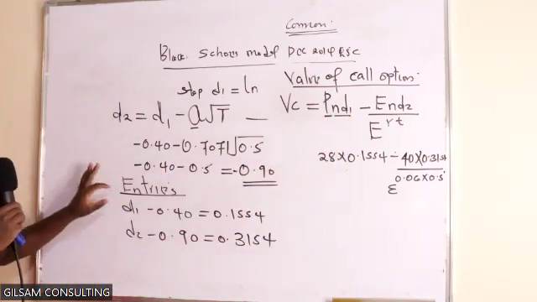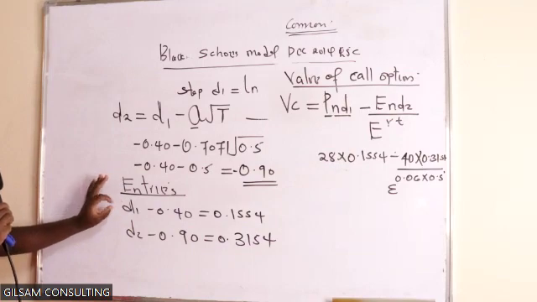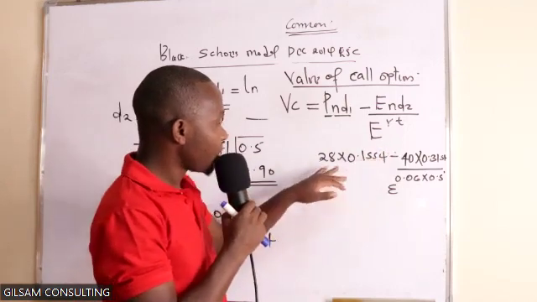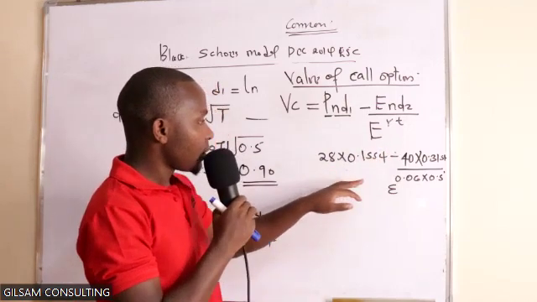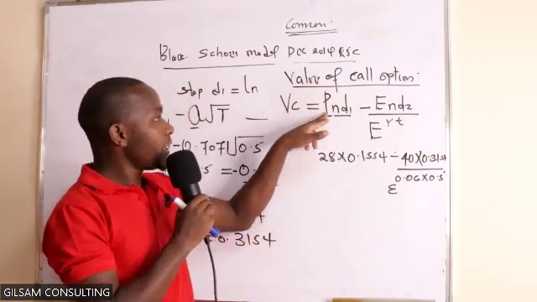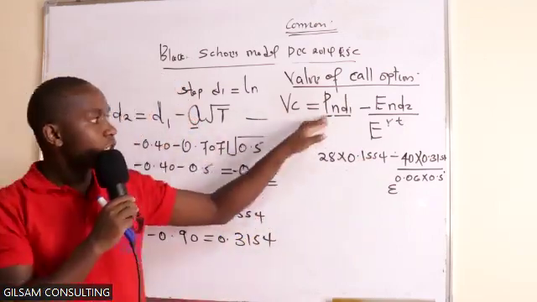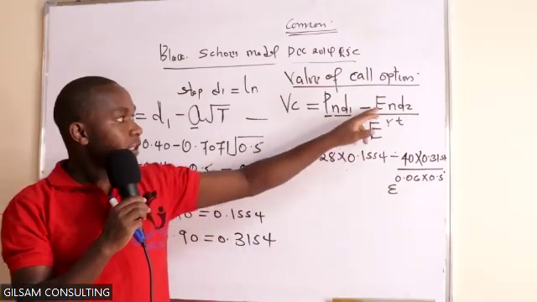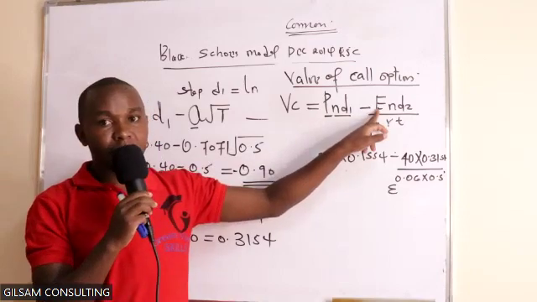N(D1) is the first entry, the one we got here as 0.1554. In the formula, VC, the value of the call option, equals P, which represents the spot rate, and E represents the exercise price.